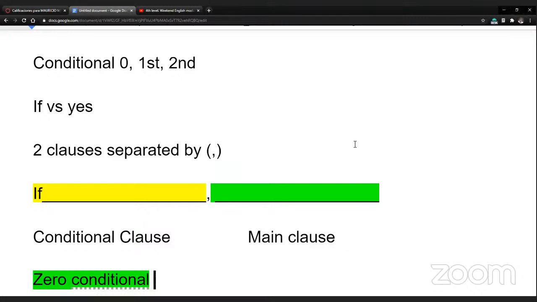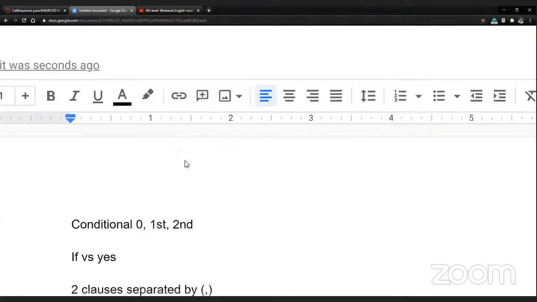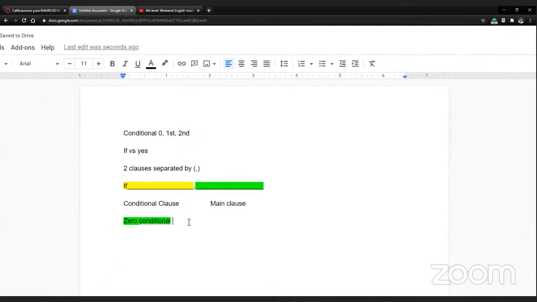Zero conditional. Does anyone remember the use of the zero conditional, guys?